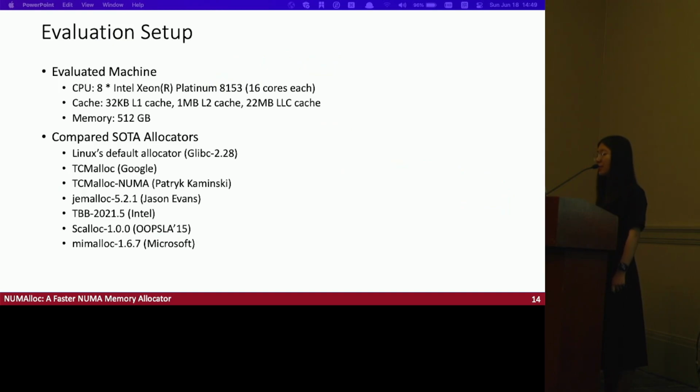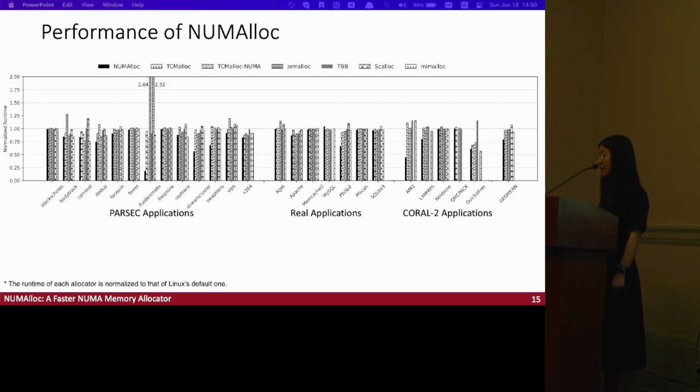Now let's talk about the evaluation. The evaluation was conducted on an 8-node machine, and we compare NUMAlloc with 7 state-of-the-art allocators, many of which are widely used commercial allocators. For performance comparison, we evaluate applications from PARSEC benchmarks, real-world applications, and Core 2 applications.